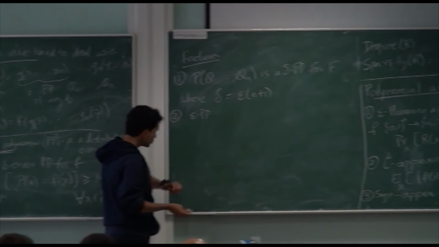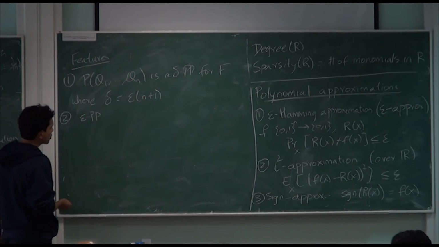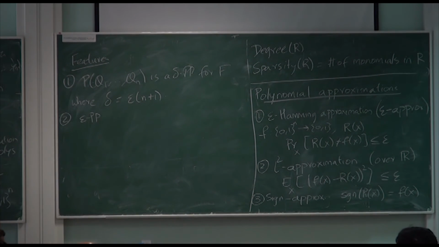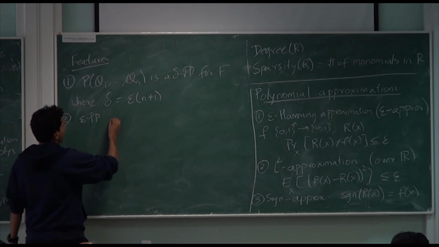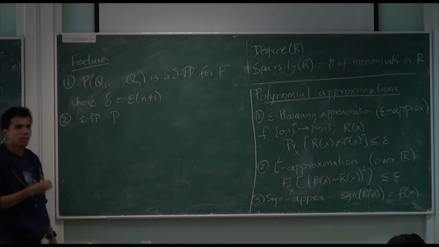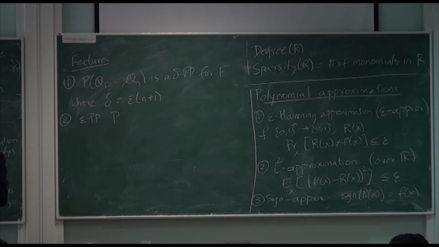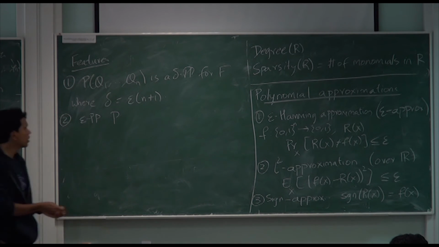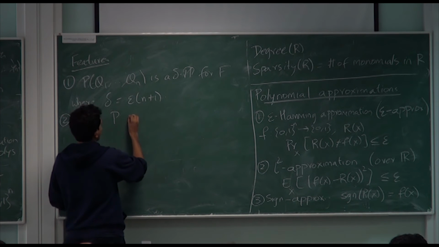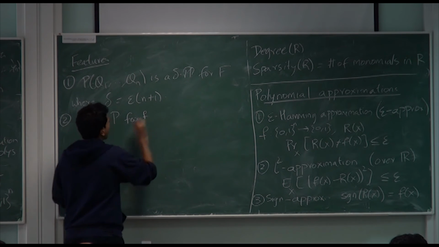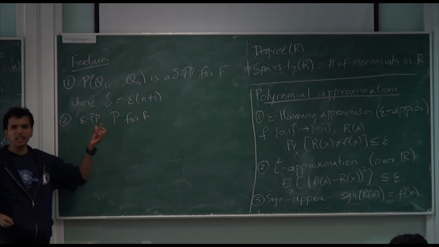And this also relates to our previous notion of approximation, in the sense that if I have an epsilon error probabilistic polynomial p, now p is a random variable, it's a randomized algorithm. From here I can always get a single polynomial which is an epsilon approximation to my original function f.